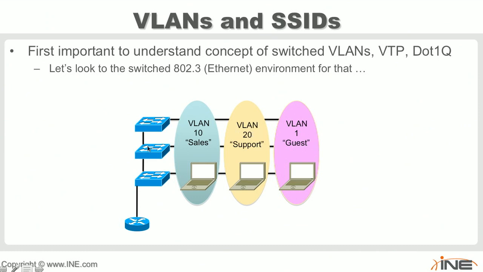I'm allowed to let that VLAN pass, so I'm going to decapsulate the 802.1Q VLAN header and pass that information on to the particular virtual LAN of 20, or I could call it support if I wanted to give it a name, but the ID, the number, is what's most important.